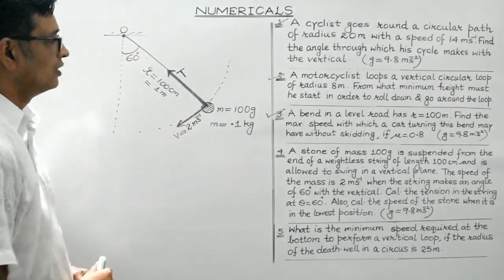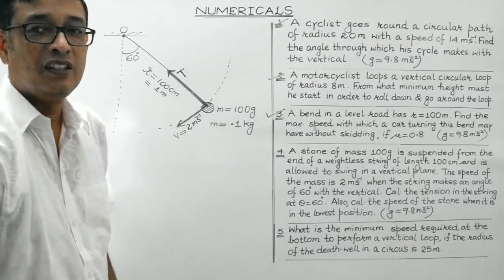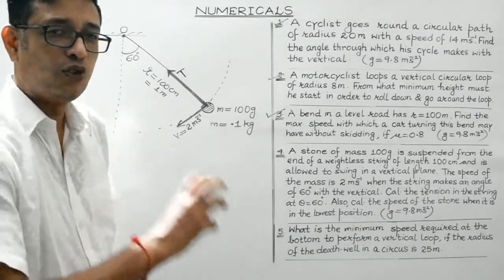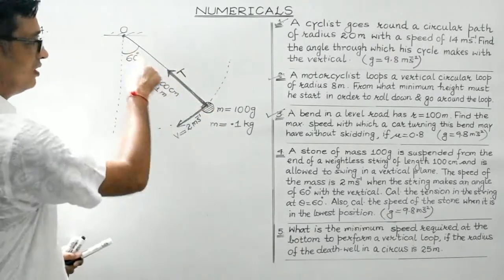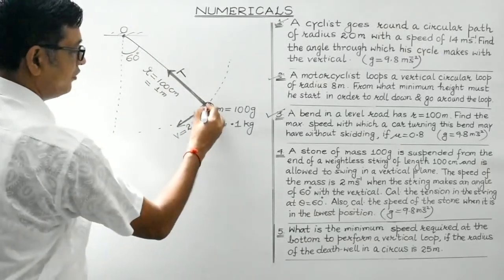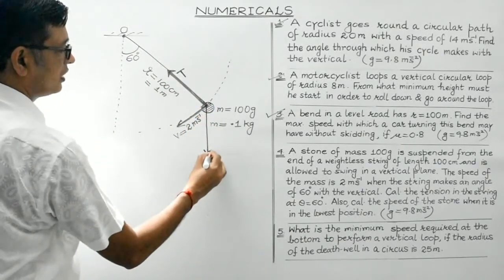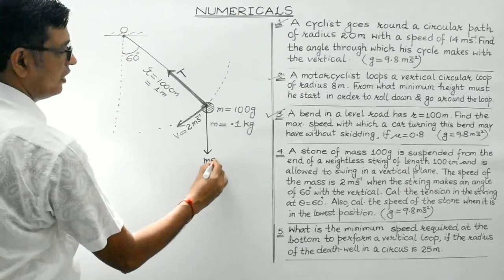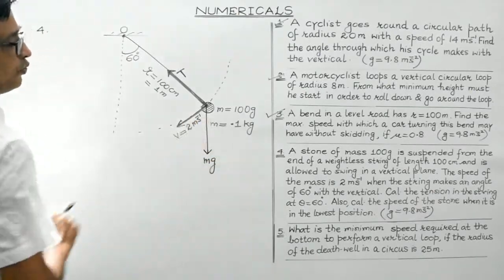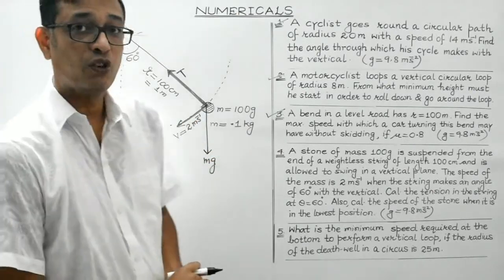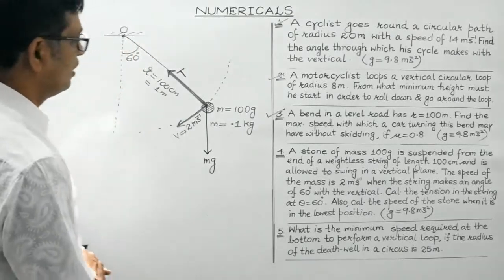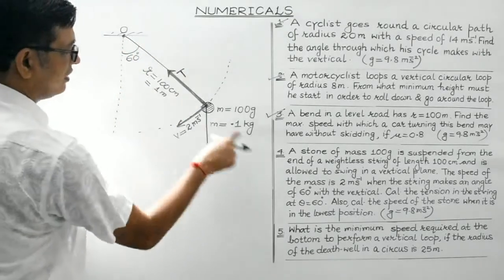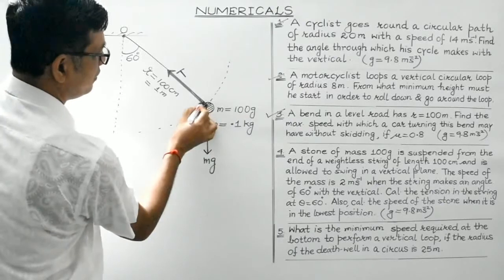So let's try to represent all the forces acting on this body. One is the tension, the other one would be the weight, which will act in the vertical downward direction. This is the weight. This weight can be resolved into two components, isn't it? One is against the tension, that is this one.